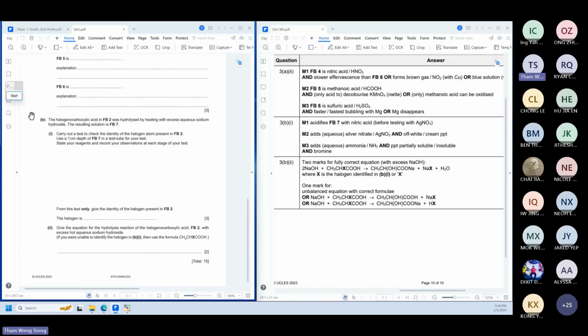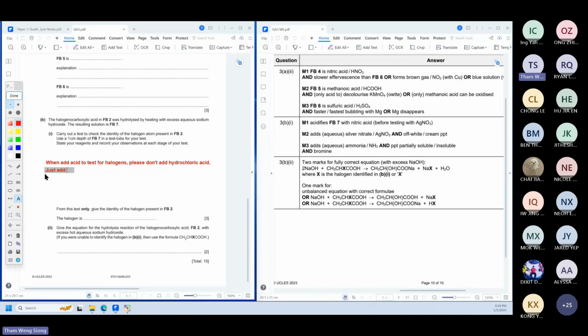Oh, Justin, add about 1 milliliter. 1 milliliter is more than enough to remove any hydroxide. When you add acid to test for halogens, please don't add hydrochloric acid.